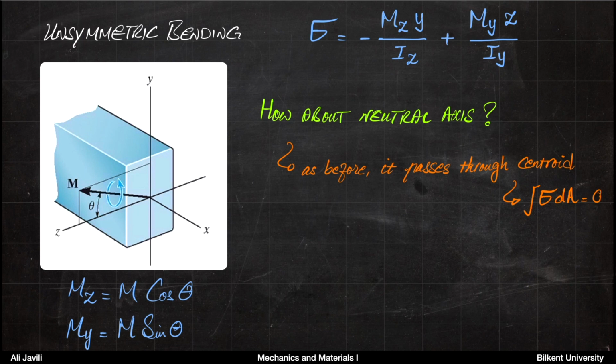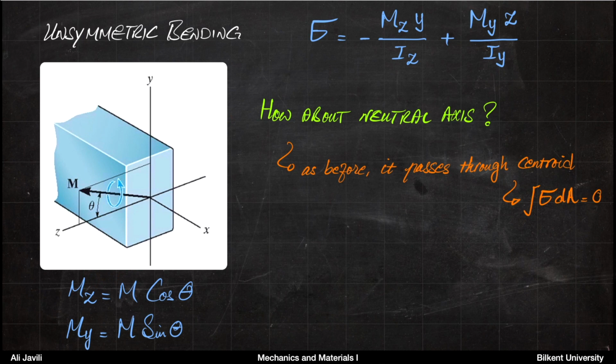So what happens is that, as before, the neutral axis passes through the centroid. We don't know where the neutral axis is, so maybe this is the neutral axis. But we do know that it's passing through the centroid.